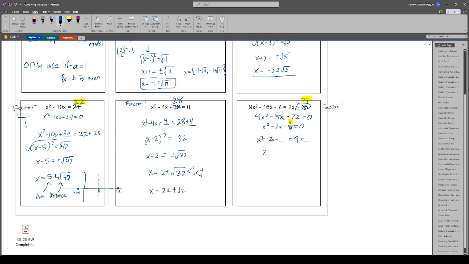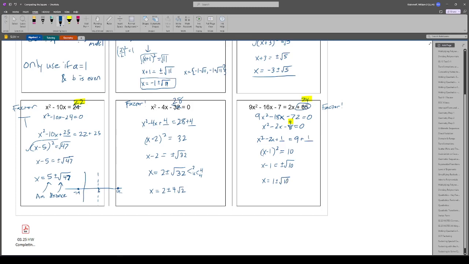So the perfect square I'm trying to make here is x minus 1 squared, meaning I need to add 1 here and 1 here. So x minus 1 squared is equal to 10. That gives me x minus 1 equals plus or minus root 10. And my final answer would be x equals positive 1 plus or minus root 10.